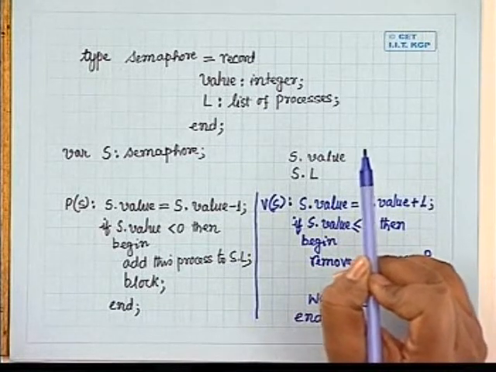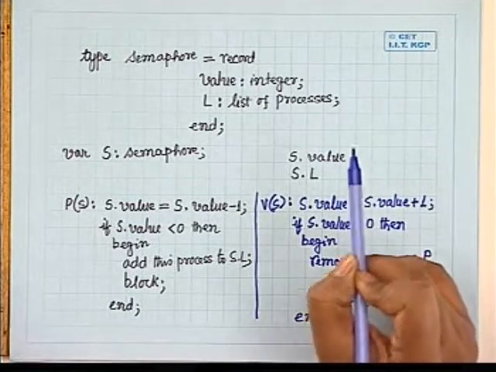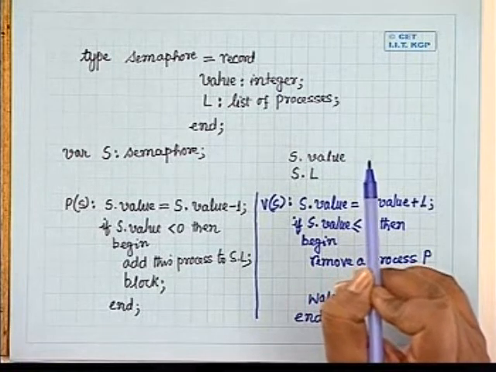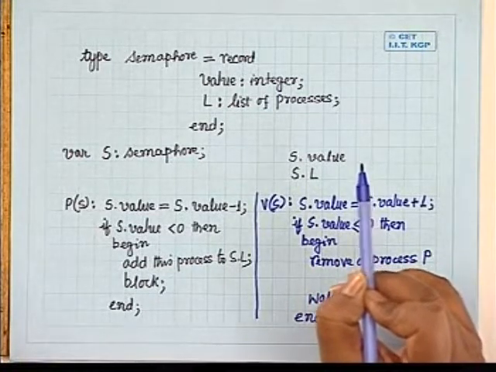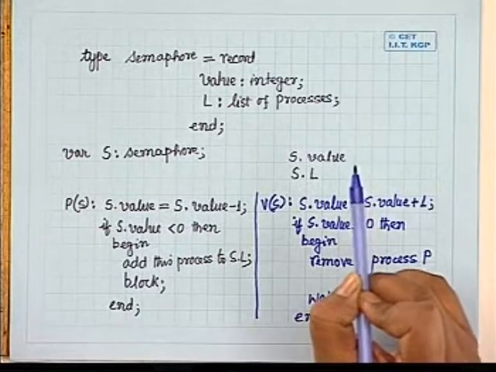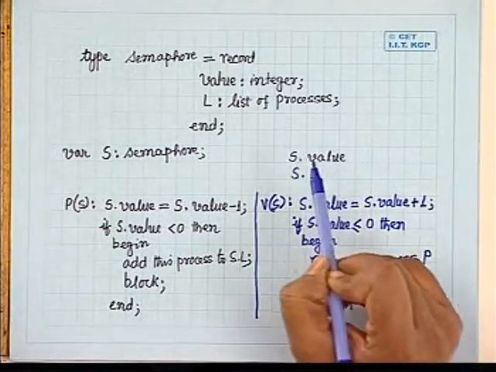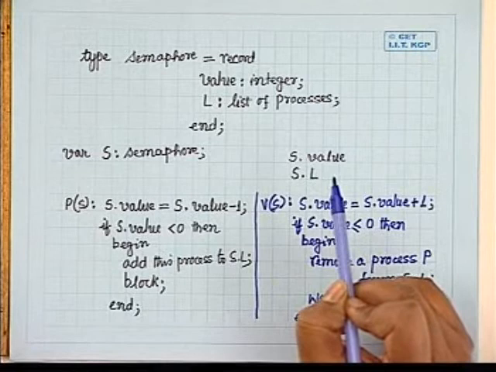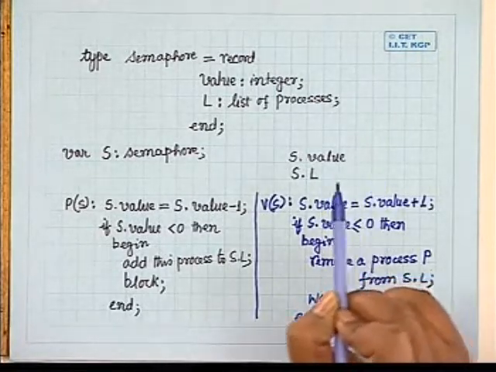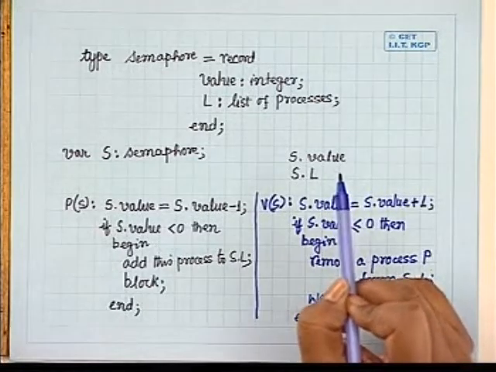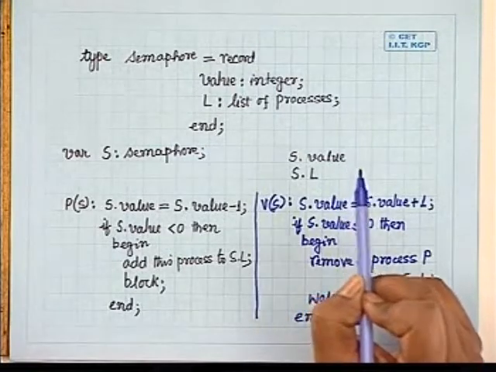Whenever a process tries to perform P operation, if it finds that the semaphore is not free, that is, the value of semaphore is not greater than 0, then the process will be added to the list for that particular semaphore variable, and the process will be blocked, or will go to sleep mode, so that it does not consume any CPU time.